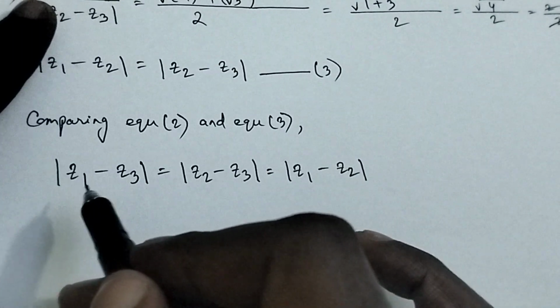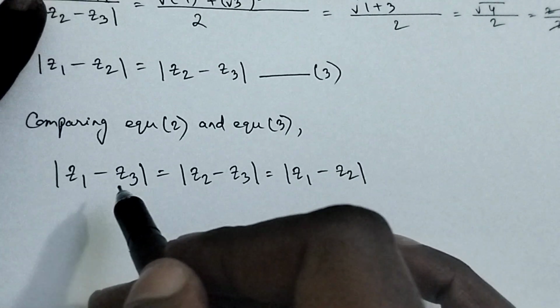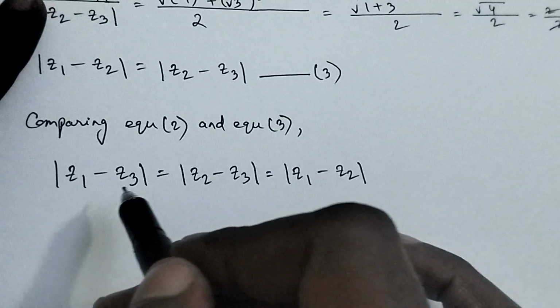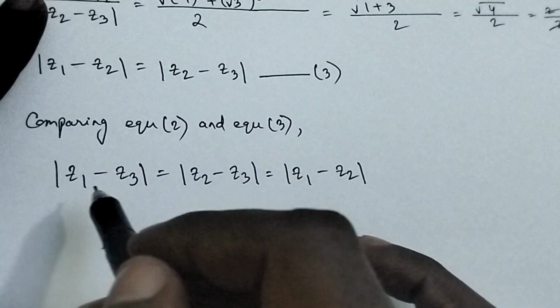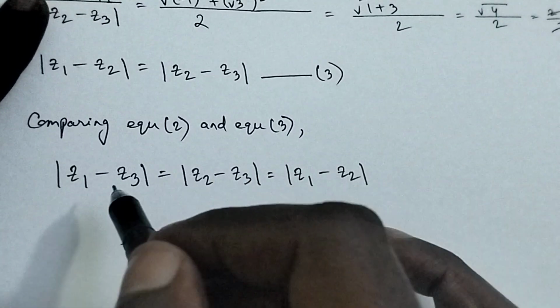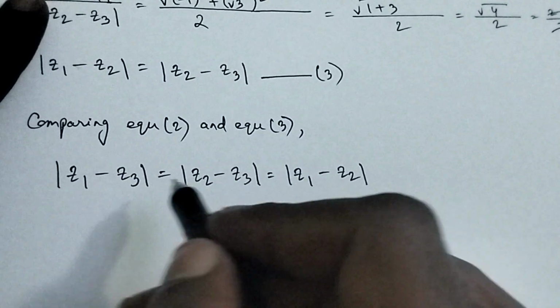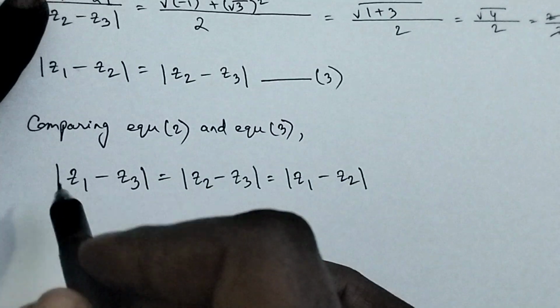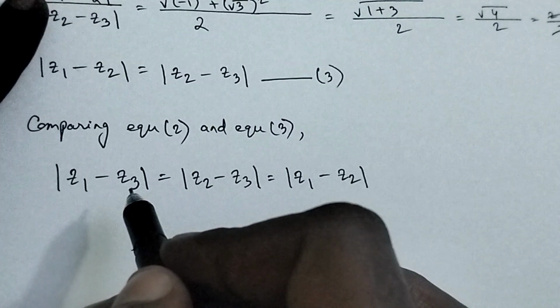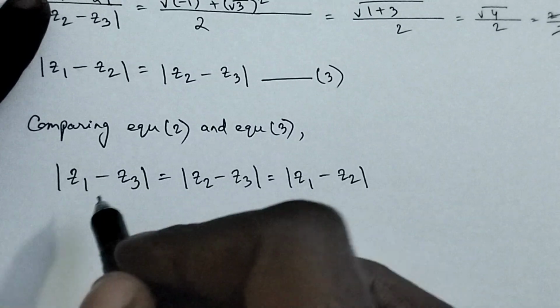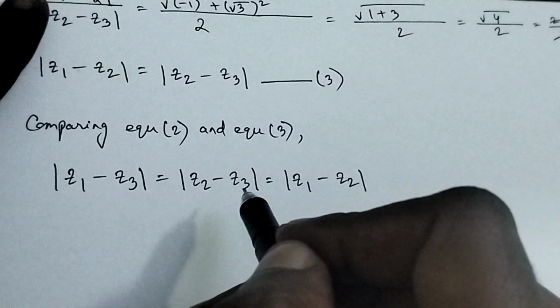So the three points are of equal distance apart from each other.